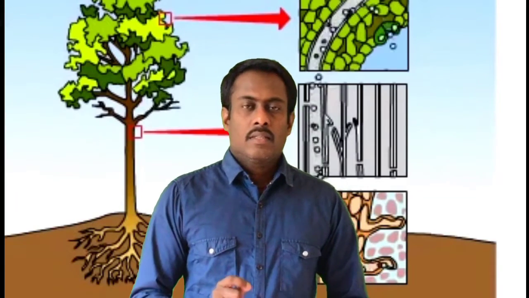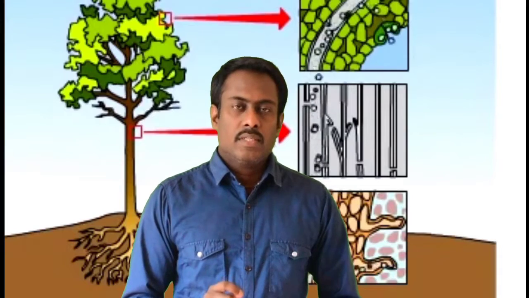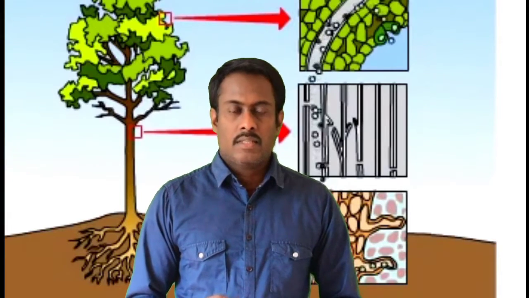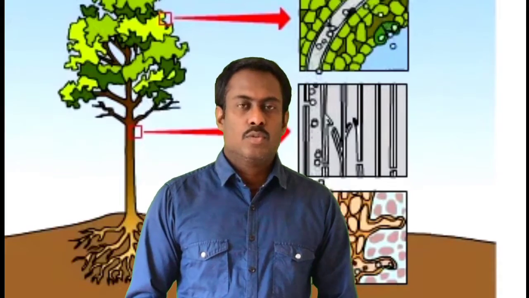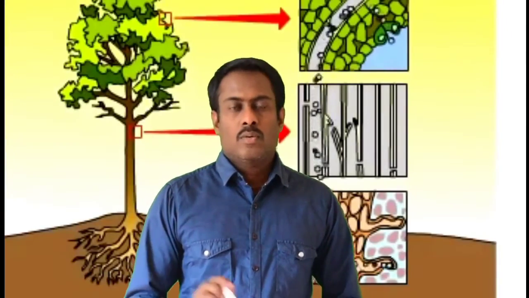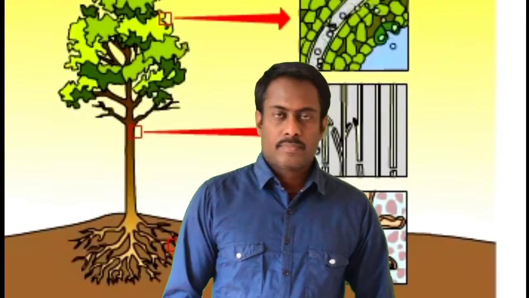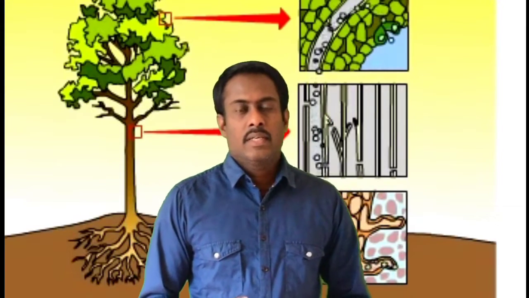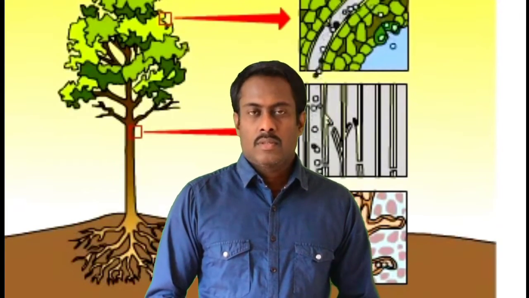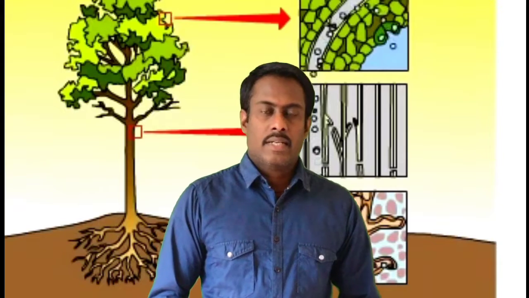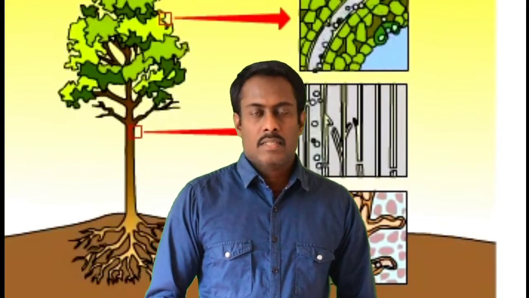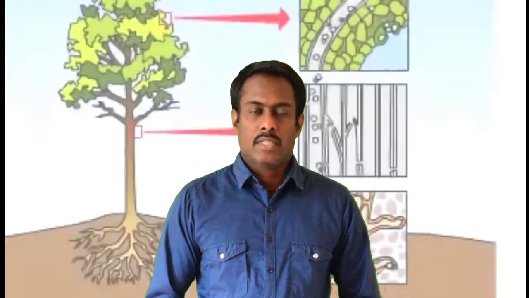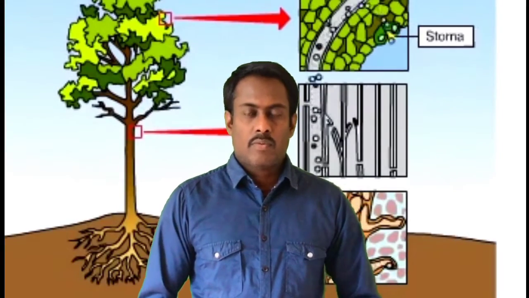But when the size of the plant body is large, the simple diffusion process won't be sufficient to absorb the materials from the soil or from the surroundings of the plant. Then they require another method or some other technique to absorb the materials for their necessary energy requirements.